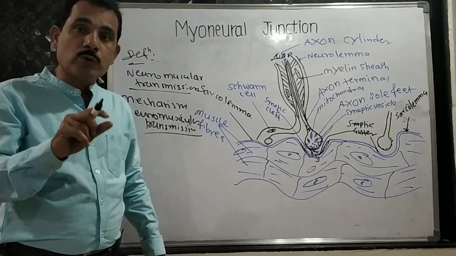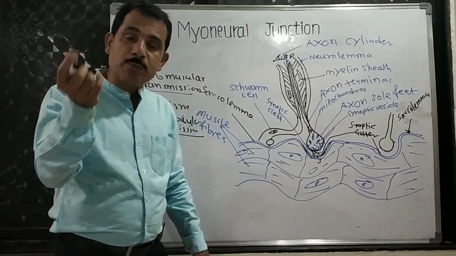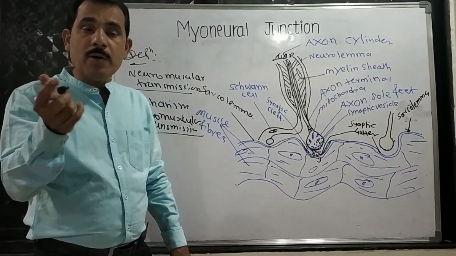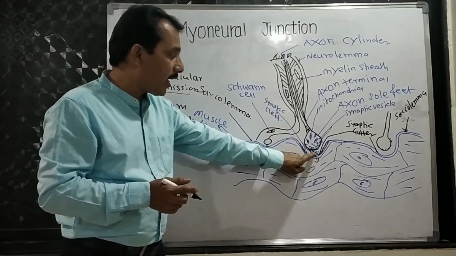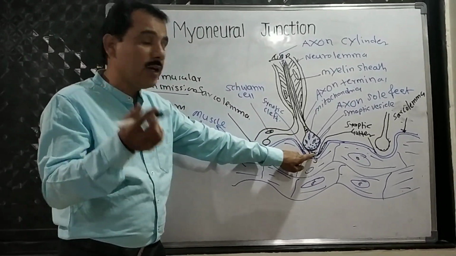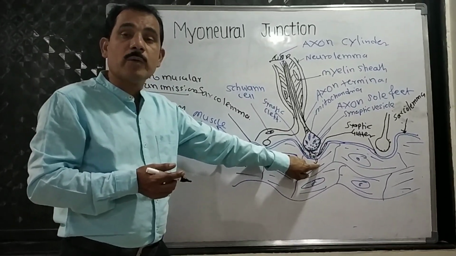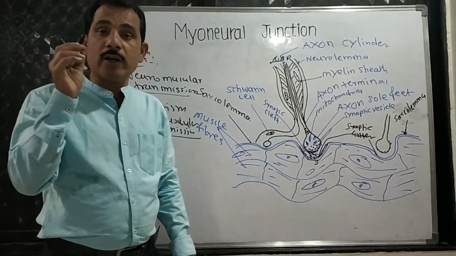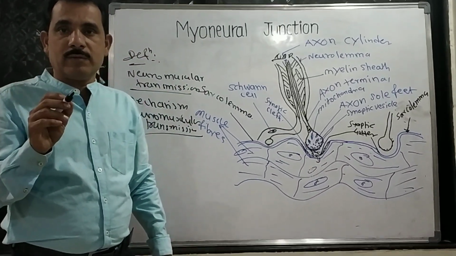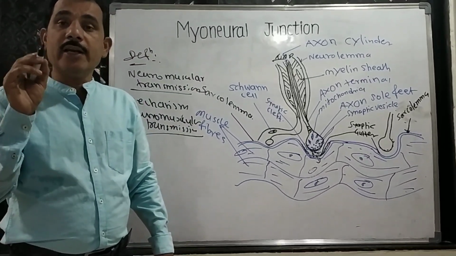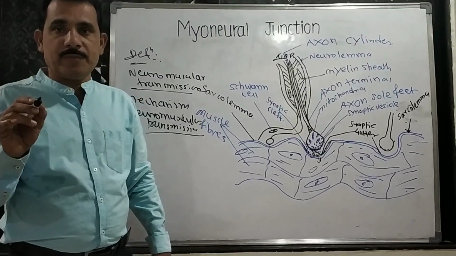As soon as the protein pores open, sodium passes from the synaptic cleft, or extracellular fluid, into the sarcolemma, or muscle fibers. That is called sodium conduction, and this is depolarization.